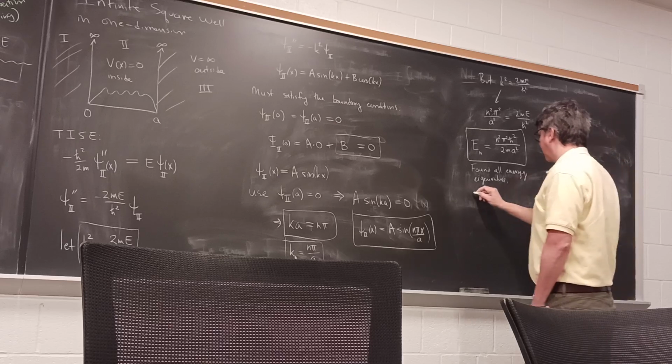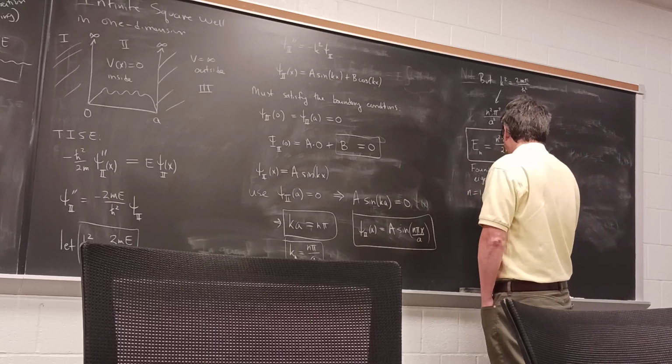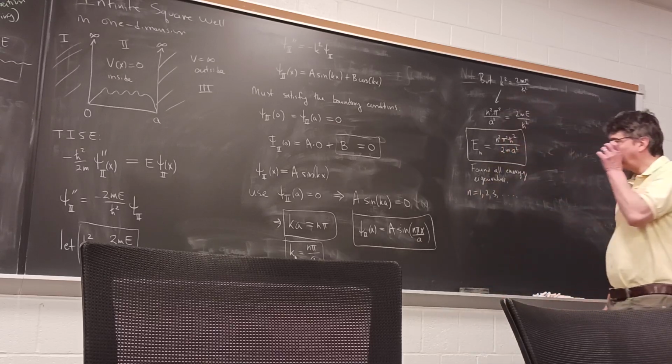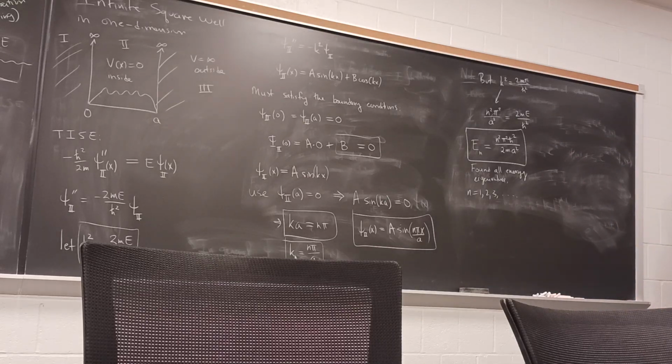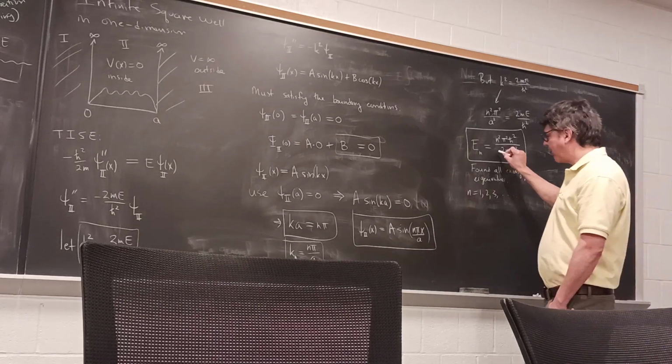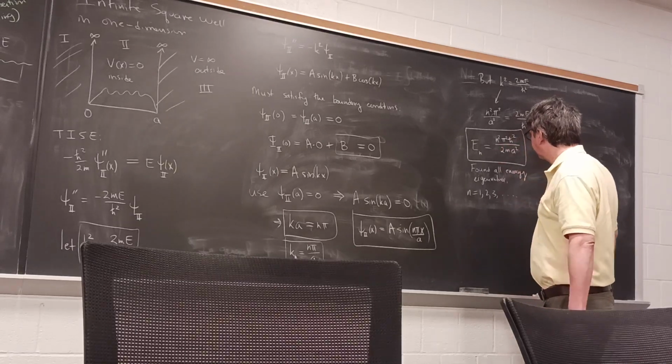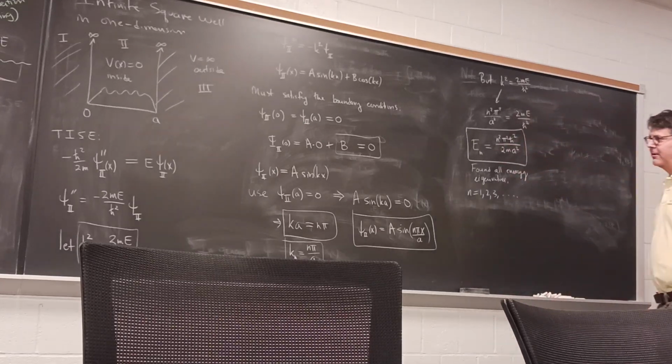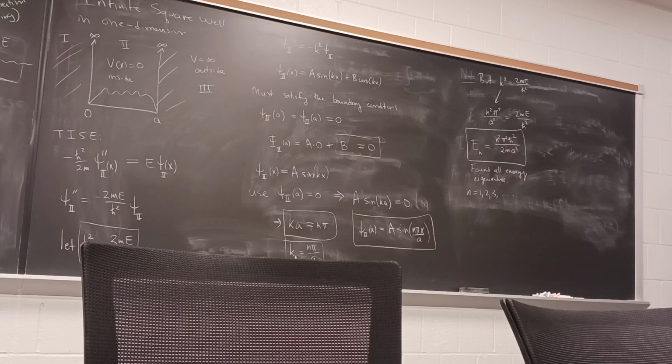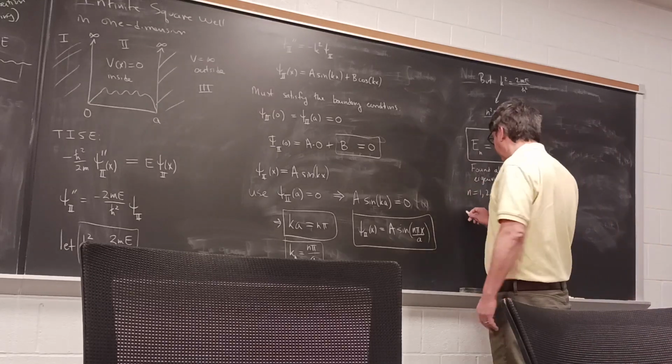Okay, so this is for n equals 1, 2, 3, and so on. So there's an infinite number of states. And that's where energy quantization comes from: the boundary conditions.